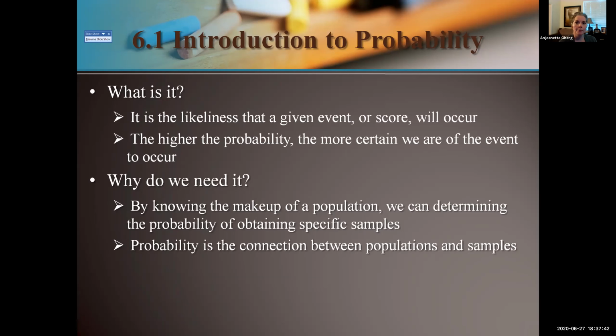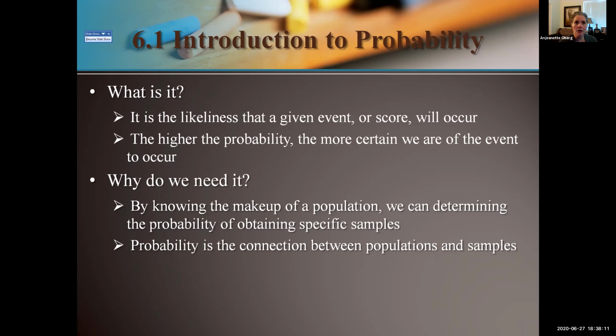The higher the probability, the more certain we are, right? So if there's a 95% chance, then we're more confident in that than if there's a 5% chance. So it's more likely they're not going to be in the critical region, and that's what we're testing as researchers. Are they in the critical region? And the probability is so low that when they are in the critical region, it's usually because our independent variable or our treatment had some sort of effect, okay?